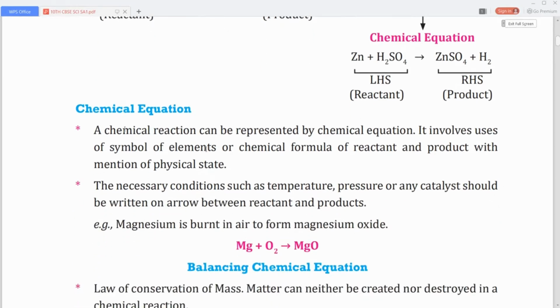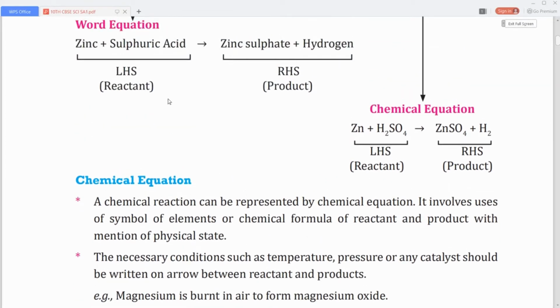Now chemical equation. A chemical reaction can be represented by a chemical equation. It involves use of symbols of elements or chemical formulas of reactants and products with the mention of physical state. Again, this will be better understood from the above reaction. Zinc plus sulfuric acid, or Zn plus H2SO4 gives ZnSO4 plus H2.